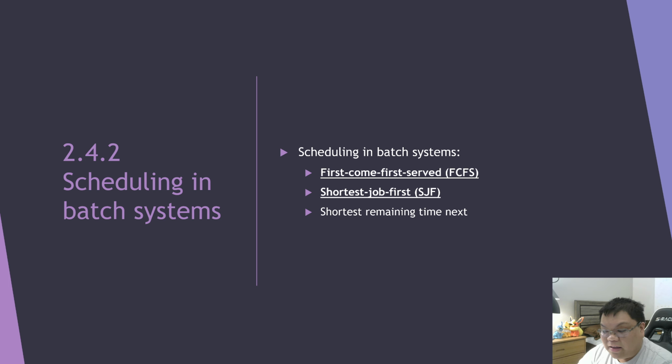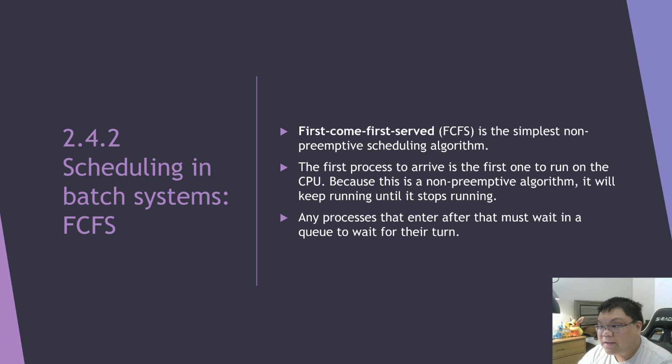And now we get to the first two scheduling algorithms. And there are examples in the slides as well. The first one is called first come, first serve. This is the simplest non-preemptive scheduling algorithm out there. It's literally whatever processes we have, we do them in the order in which they arrived. Processes will run until they are completed with their job.